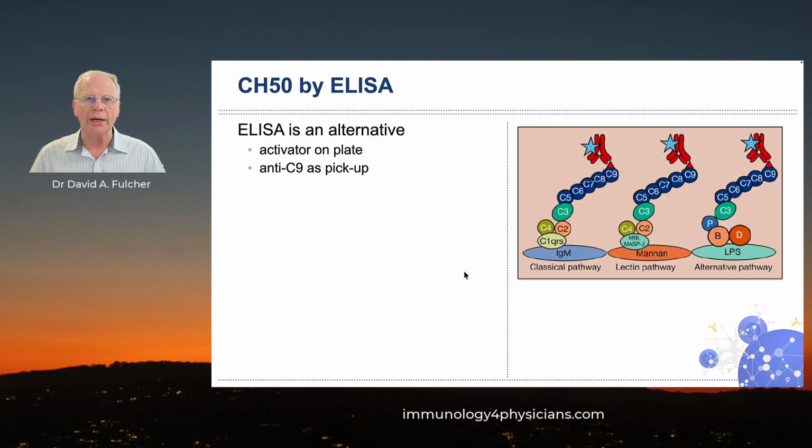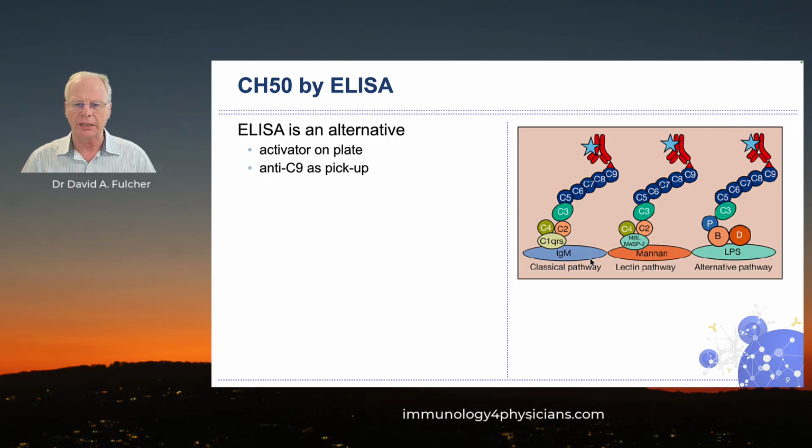Okay, I mentioned other ways, more automated ways of measuring CH50, and these are all sort of interesting, and obviously you don't need to know about it unless you go into a laboratory, but it's important that you understand it because it illustrates so much about the complement pathway as a biological system.